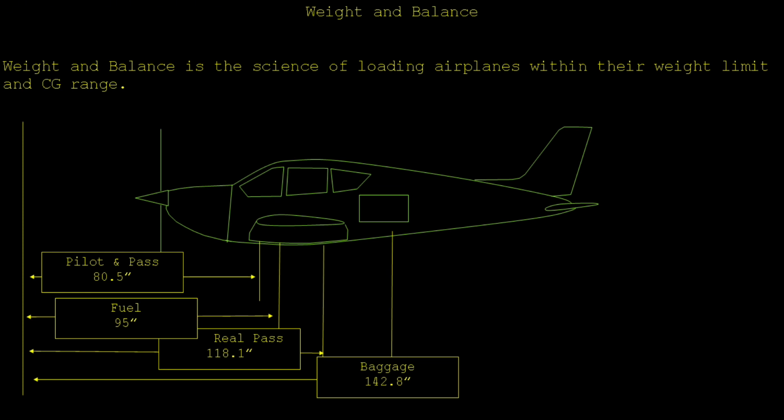We will measure all weights and moments behind that line, and all moments become positive. Notice the arm length for each of the loaded items. Airplane manufacturers give you this information in their weight and balance section so you can solve weight and balance problems for the airplanes they build.